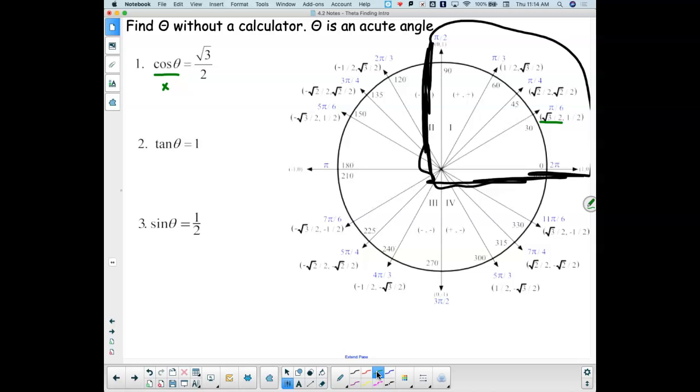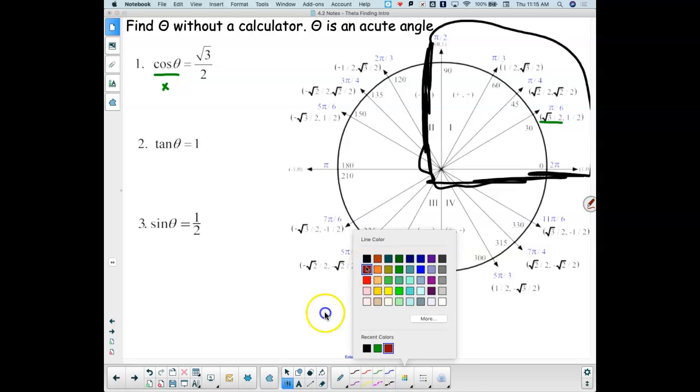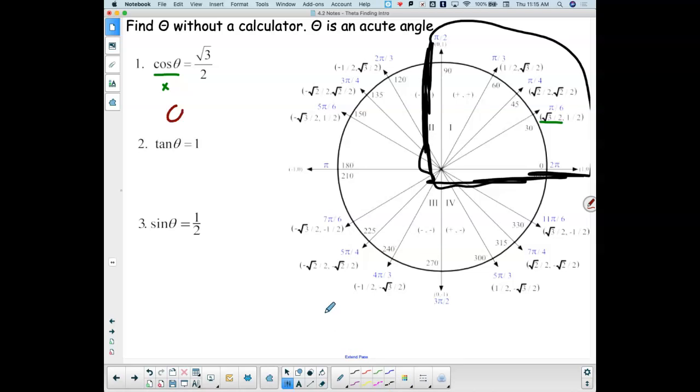But because we like radian measures better, pi over 6. I like pi over 6. So theta here would be pi over 6.